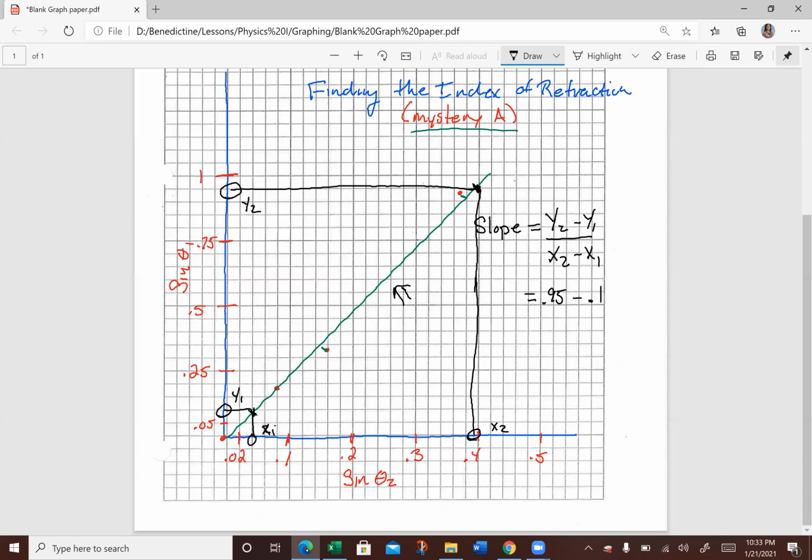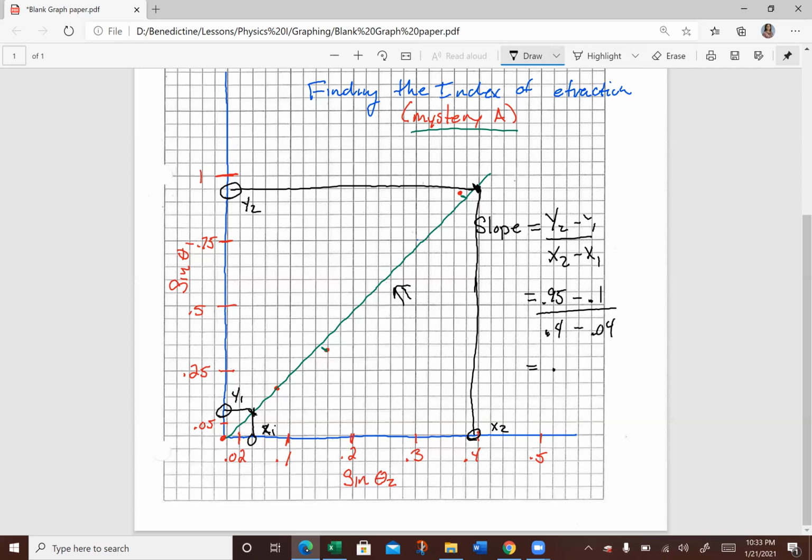minus 0.1 all over, remember each of these is 0.02, so that's 0.04, minus 0.4. I'm sorry, 0.4 minus 0.04. So it's x2 minus x1. So it's 0.4 minus 0.04.